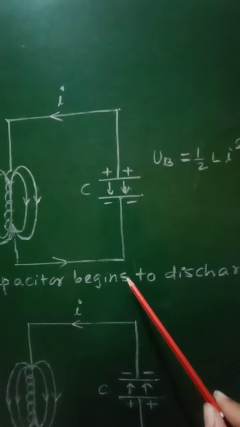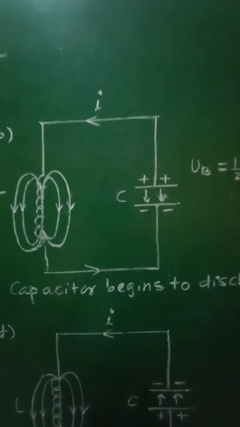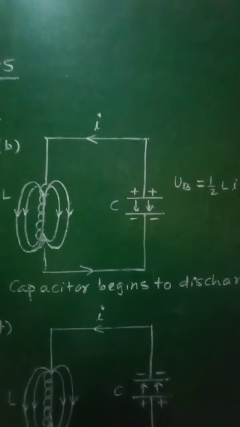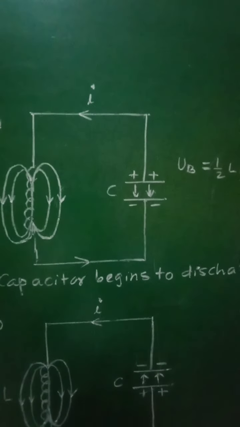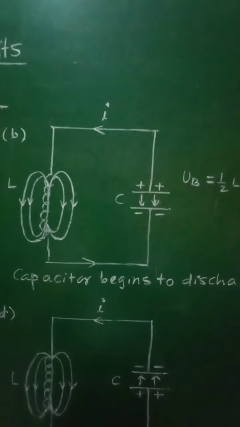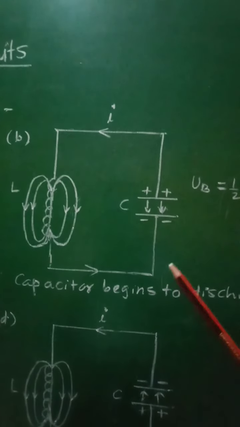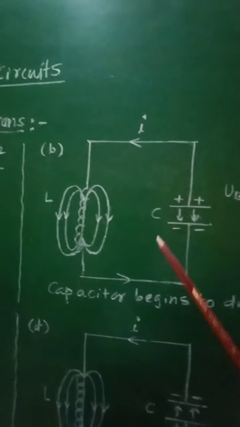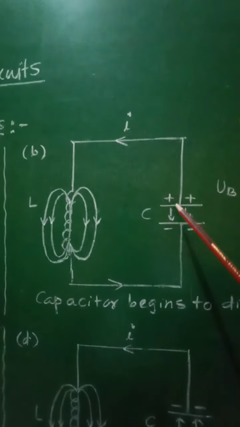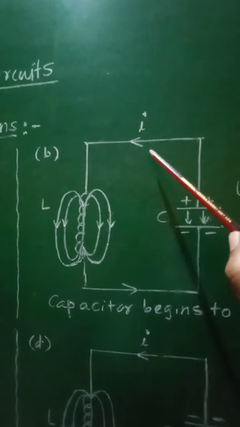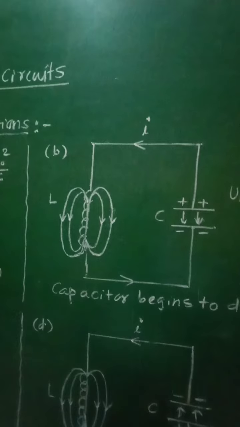The capacitor begins to discharge. So this figure will represent that the capacitor begins to discharge through the inductor, giving rise to current I. When the capacitor discharges, the current I will be flowing through that circuit.